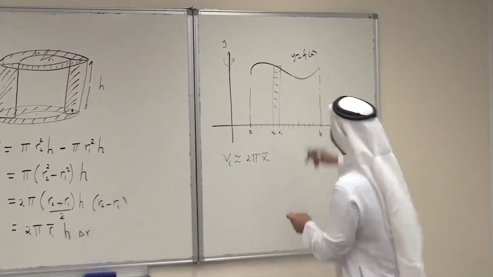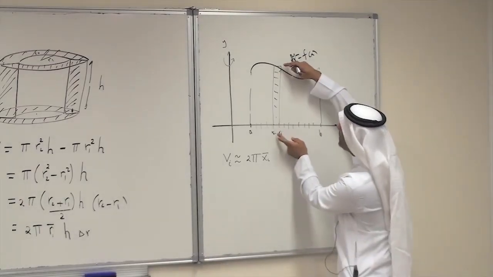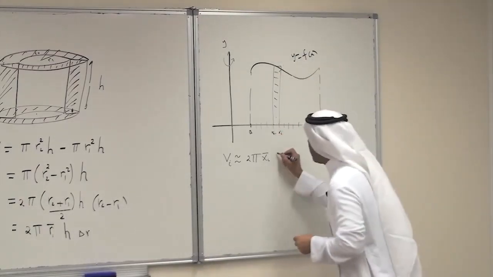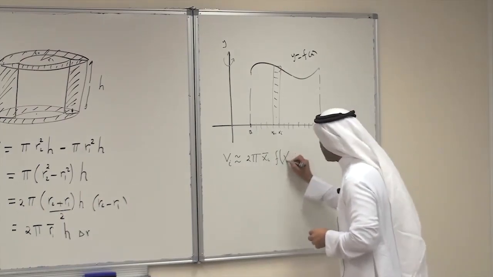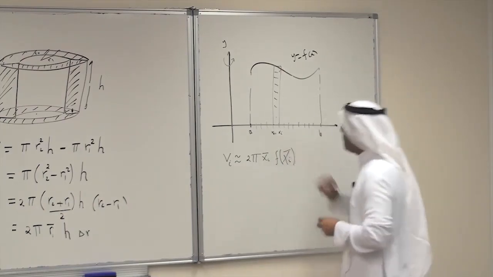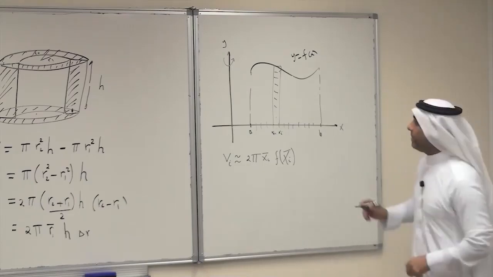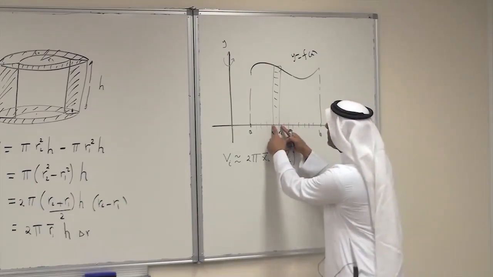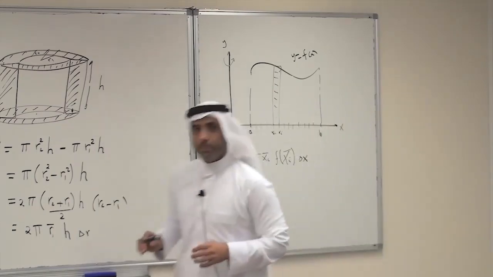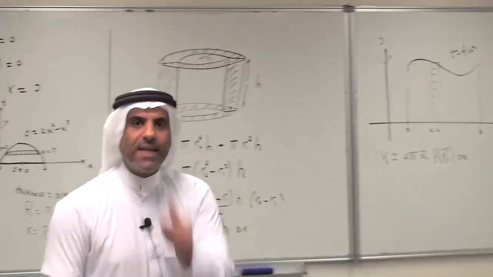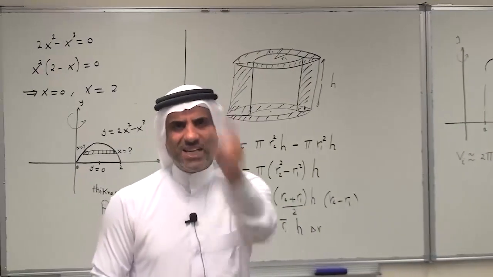H. H is the height from here to here. What is the height here? It is in this case f of what? F of, I will take the same sample point, f of x i bar. Multiplied by the thickness. The thickness will be this distance. So that is what? That is delta x. If you take the uniform partition, then always you have delta x. That is the volume of one cylindrical shell.